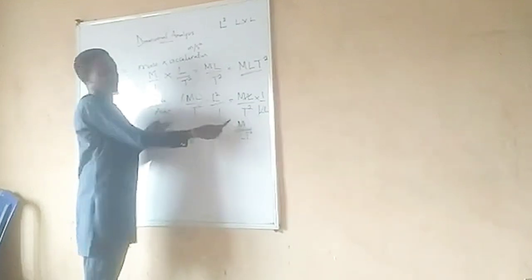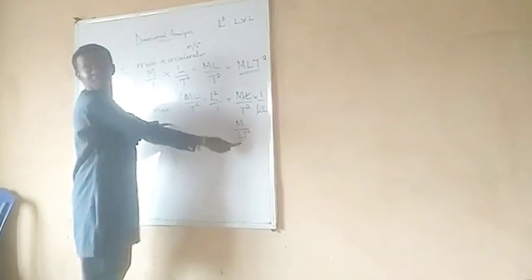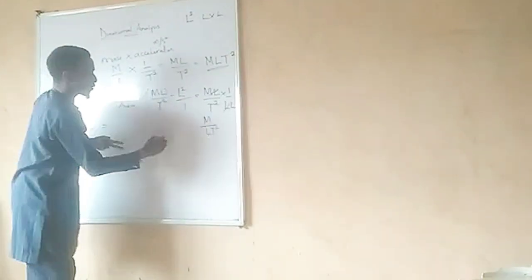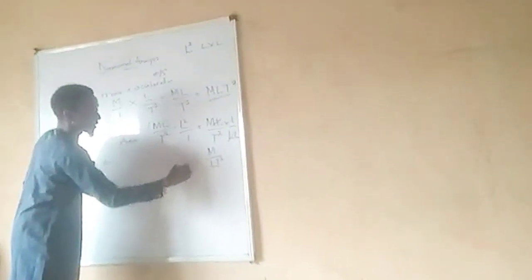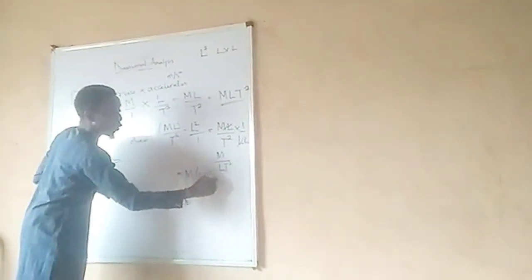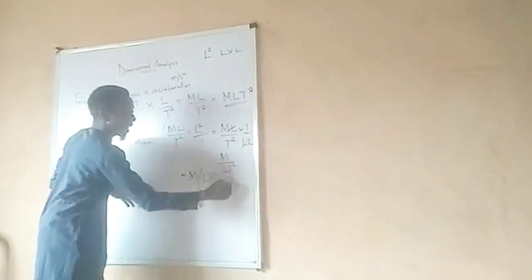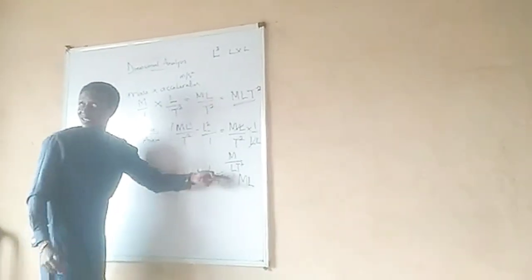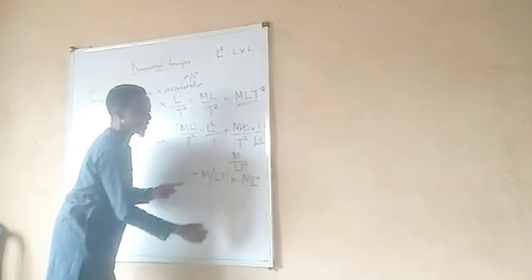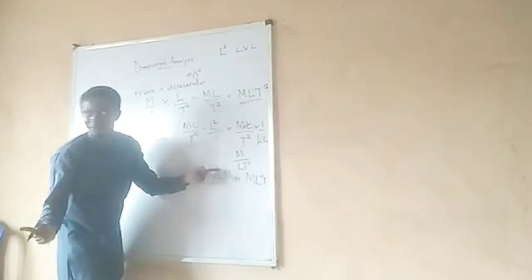M. T squared times L. LT squared. So I'll write this one. No option will have it like this. So I'll write it as M slash LT squared or M to the power of 1. L is a denominator here. Is that not so? To the power of minus 1. Then T to the power of what?